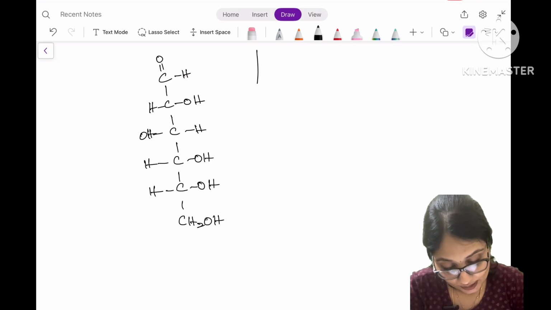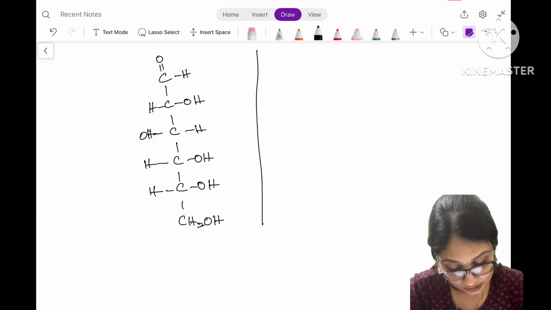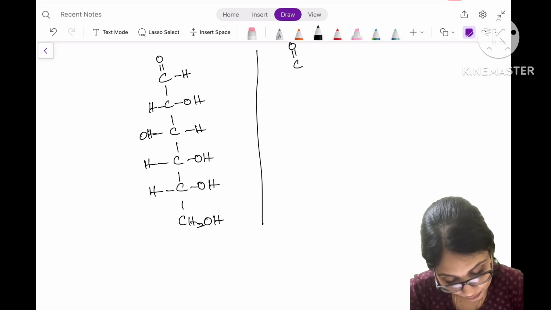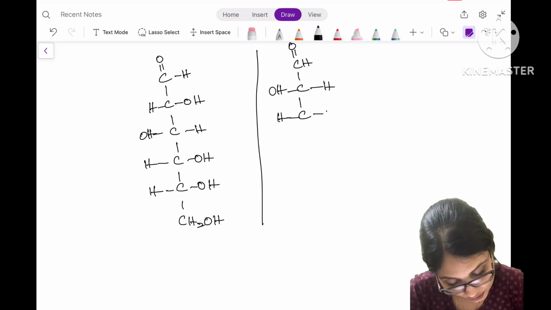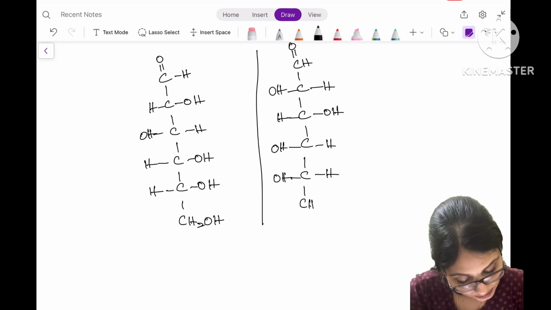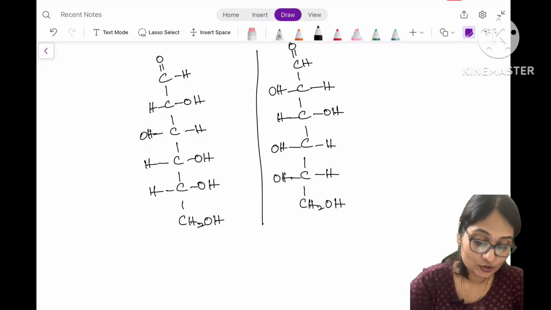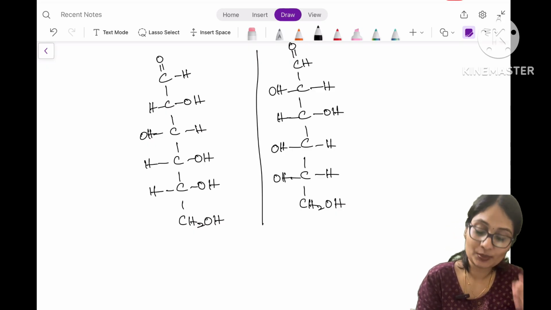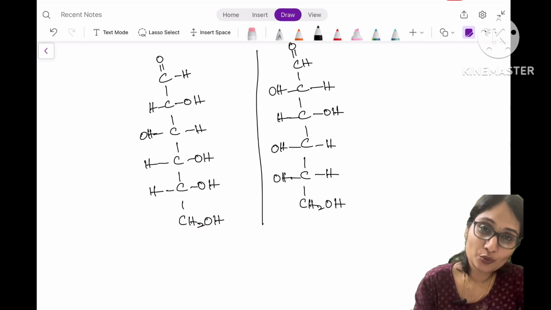Now let me draw a mirror image on this side: C double bond O and H, then CHOH, CHOH, CHOH, CHOH, CH2OH. These both are exact mirror images. What was on the left is now on the right.